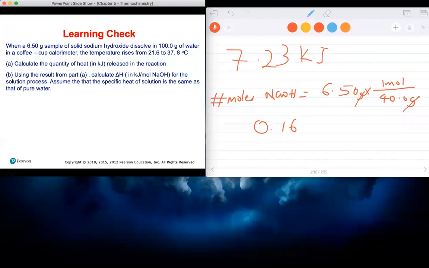0.1625 moles of sodium hydroxide. So we divide by the number of moles given in there.